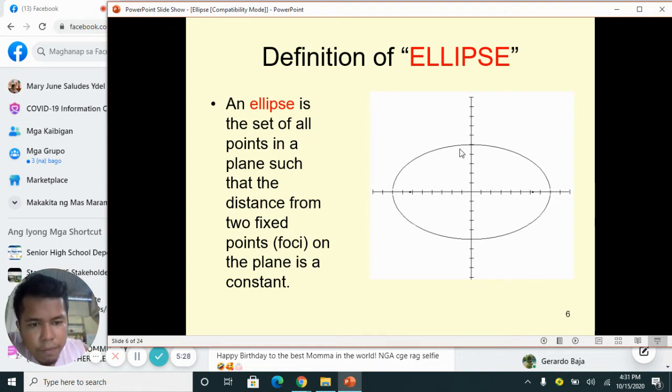So we have two foci, which are these dots. If we connect, for example, this point here, which is one point on the ellipse, to one focus, and also connect it to the other focus, the sum of the distances of the two lines we produced will always be the same for any point on the ellipse.